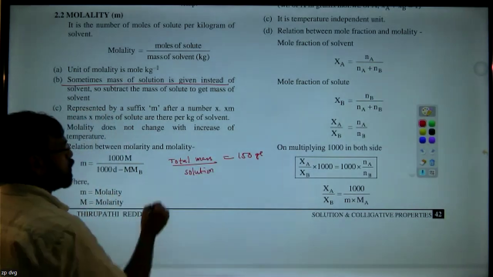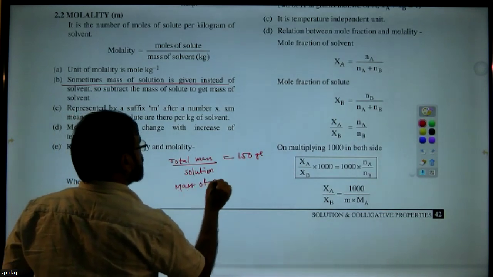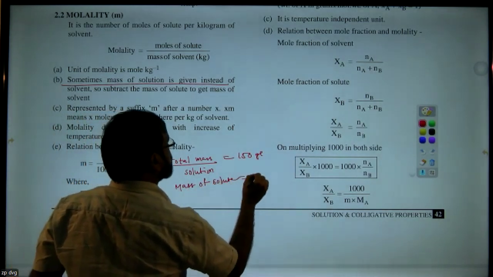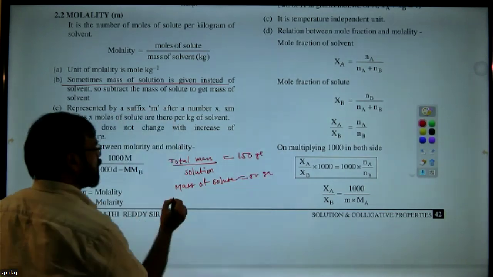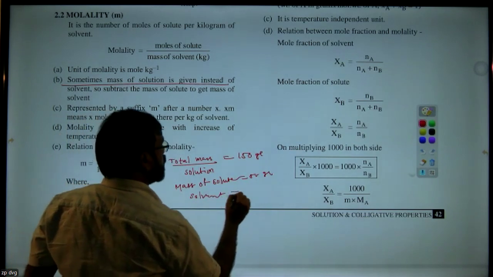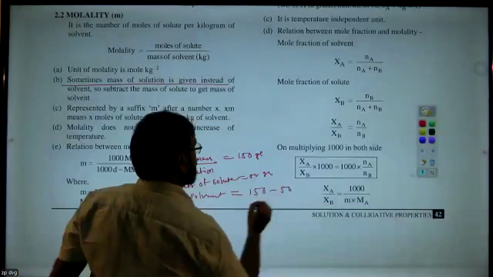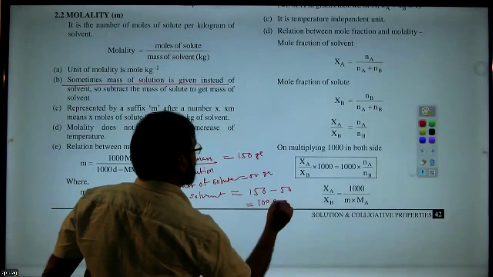Next one, mass of solute is given as 50 grams. Then what is the mass of the solvent? Solvent mass is equal to 150 minus 50, that is equal to 100 gram is the answer.